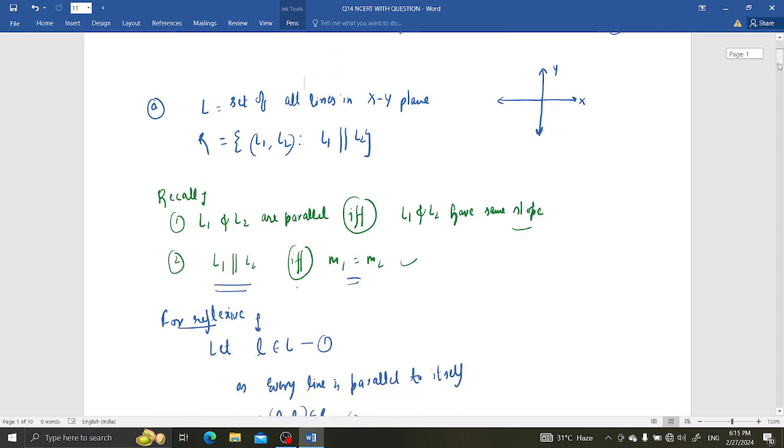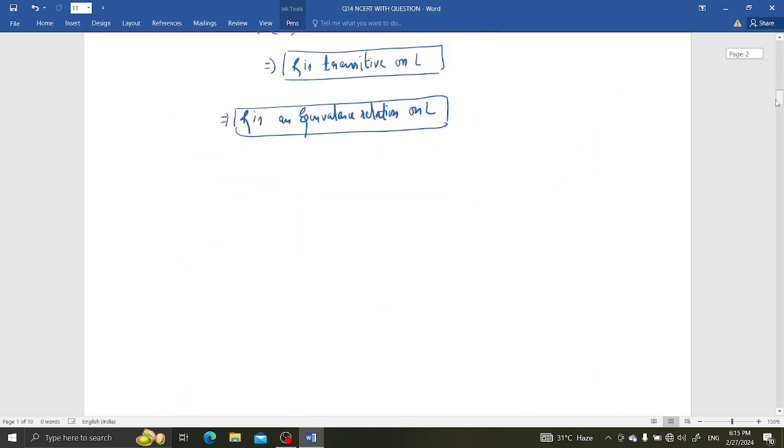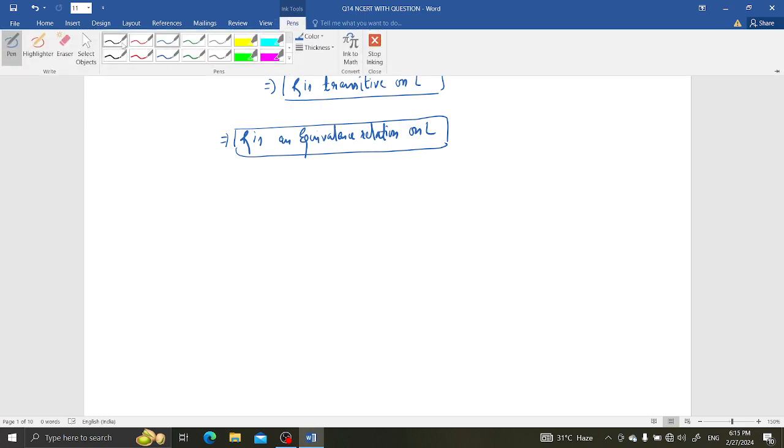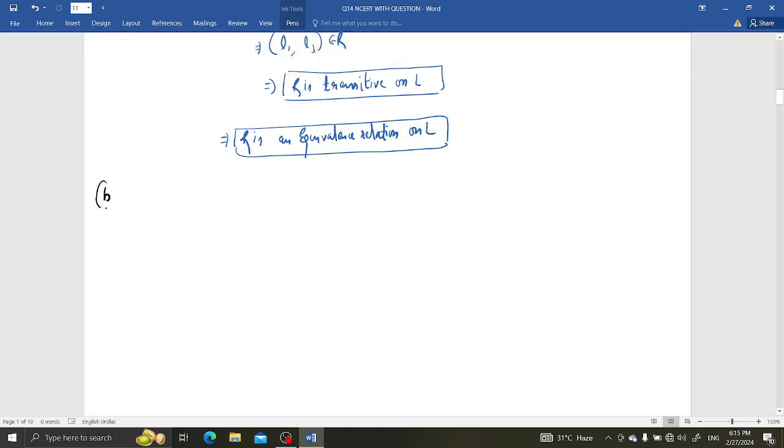Okay. B part. What do we have? A line. The line L is y equals 2x plus 4, and what we need to find is actually the class of L. Okay, class of L we need to find here.